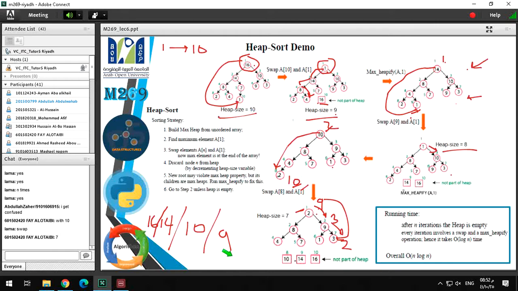The complexity of the heap sort is n log n. Like which algorithm? Like the merge sort, right? Both merge sort and heap sort take n log n, and they are considered the most efficient sorting algorithms.